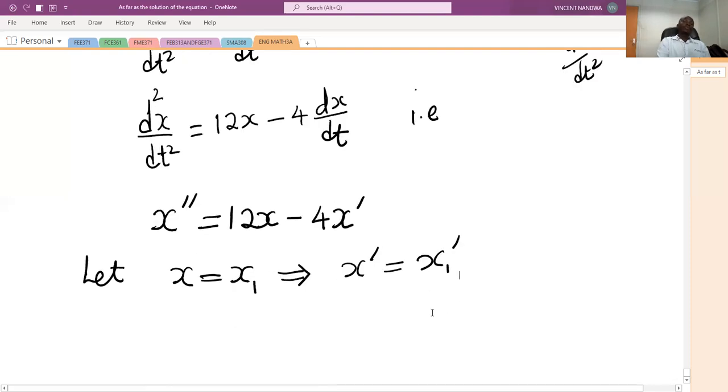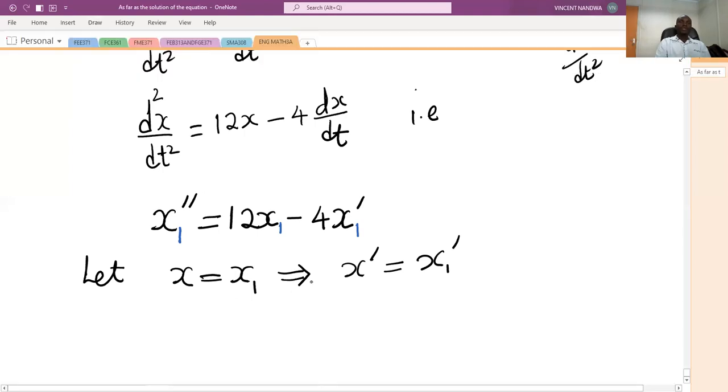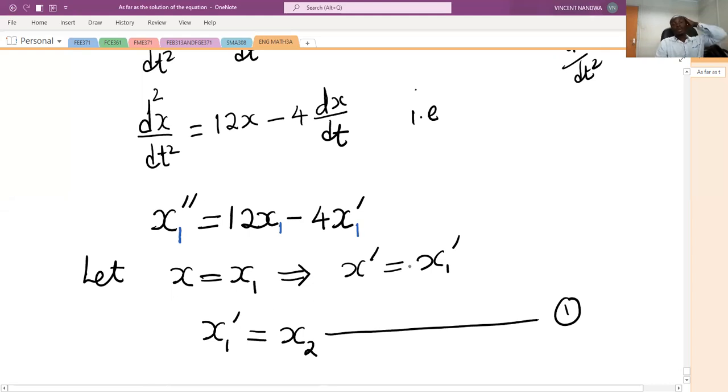Once you have done that, there's no mistake if you put 1 here, 1 here, and 1 here, because x is the same as x1. Once you have introduced the new variable x1, let this x1 prime be another new variable x2. At this point, you call this one equation 1. So let the derivative of x1 be called x2.